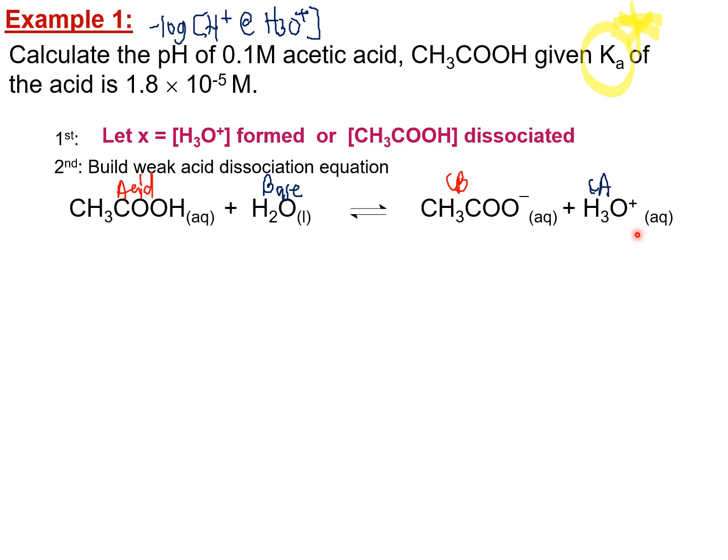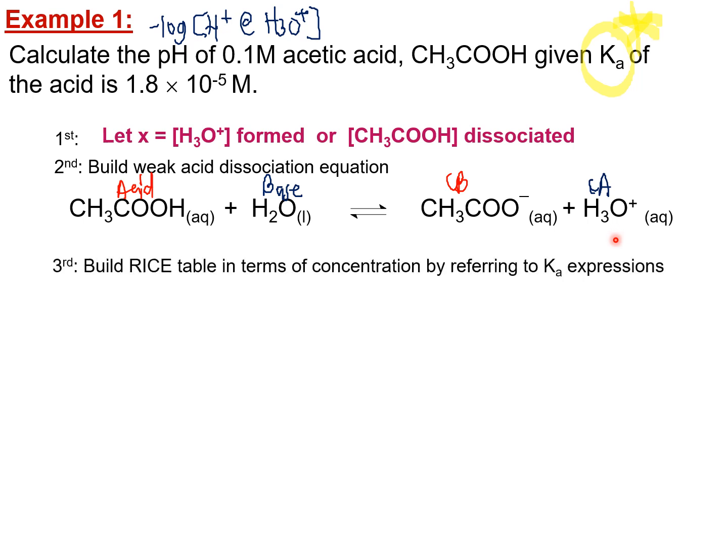Persoalannya, macam mana you nak cari concentration of H3O plus supaya you boleh kira pH? How? So this is when you need to build a rice table. Okay, this is something not new to you. You dah pernah hadap dah rice table ni dekat chapter 6 kan? So sekarang ni macam mana nak build rice table in terms of concentration by referring Ka.